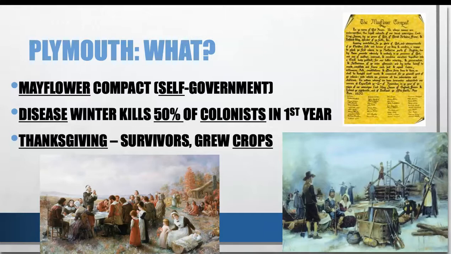That's kind of how Thanksgiving came about, because those folks who do survive are able to start the life that they wanted. That summer was a good summer. You're not seeing a lot of death or destruction. What you're seeing is them being able to grow crops and sustain their way of life. So that was kind of where Plymouth left off.